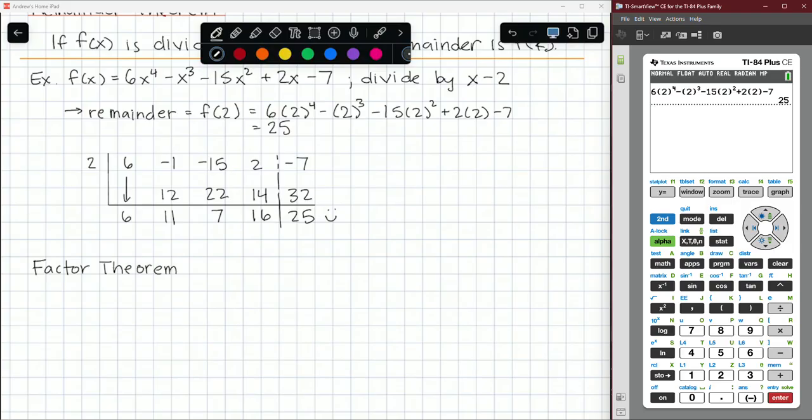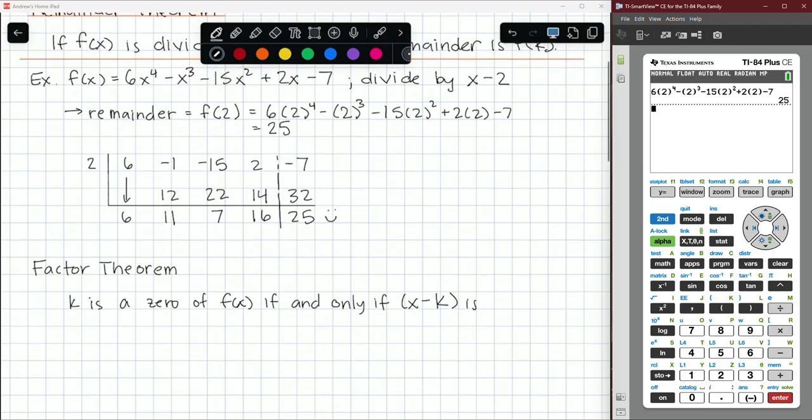What the factor theorem says is that k is a zero of our polynomial f of x if and only if x minus k is a factor of f of x.